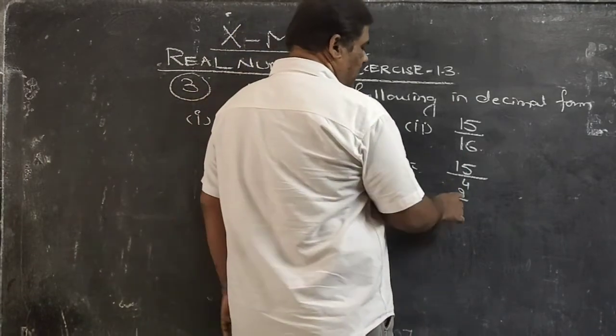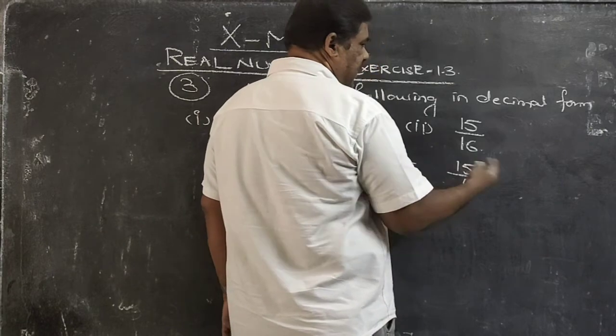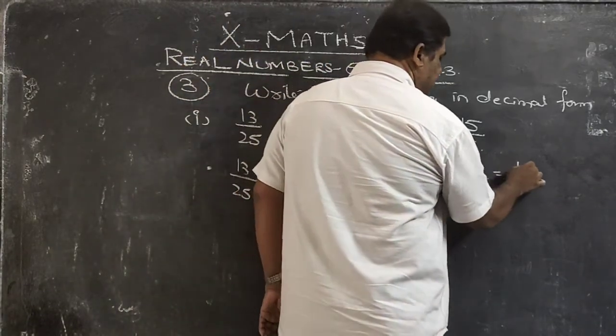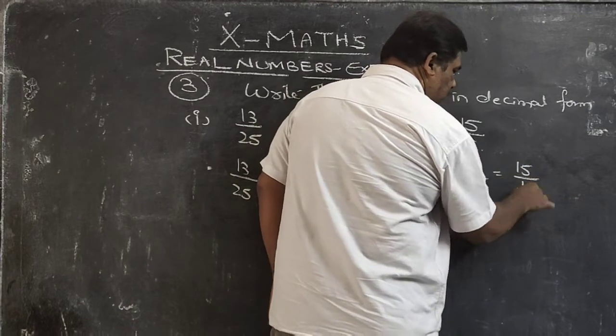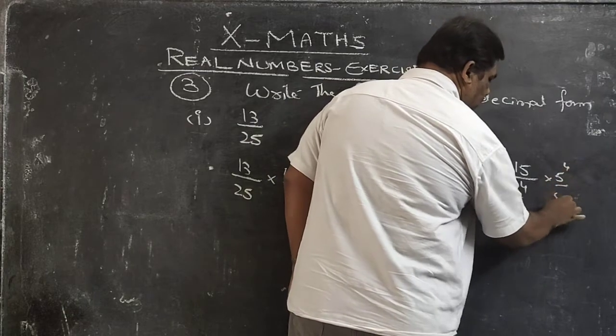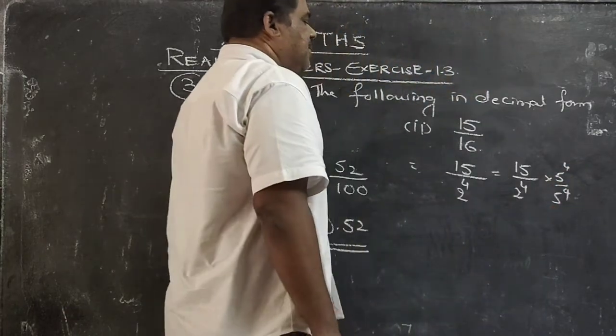If you want to make 10 or a multiple of 10, 2 fives are 10. So here we have 15 by 2 to the power 4, and I am multiplying and dividing by 5 to the power 4.